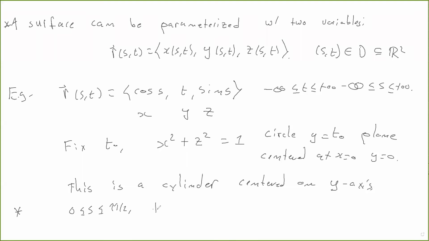This is the quarter cylinder in the region where x is greater than or equal to 0 and z is greater than or equal to 0. So instead of the whole cylinder, it's just a quarter of the cylinder.